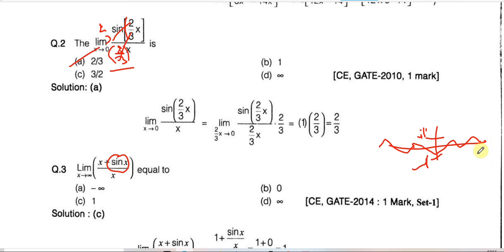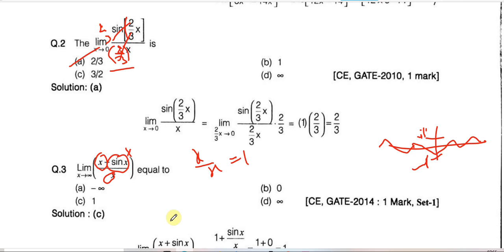If x approaches infinity, this is a very big, infinite term, this is also an infinite term, and sin x is between minus 1 and plus 1. So we can neglect this sin x term. So it is an infinity upon infinity term, x upon x, so it will be 1.